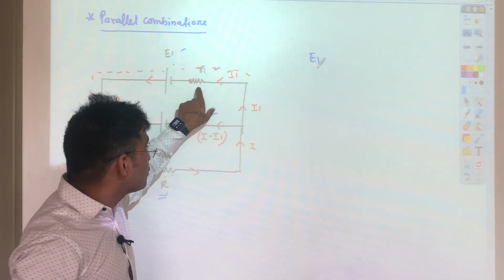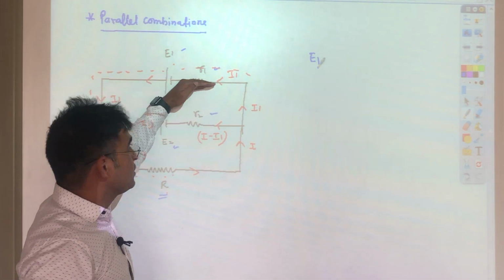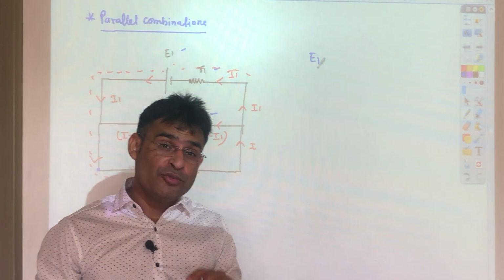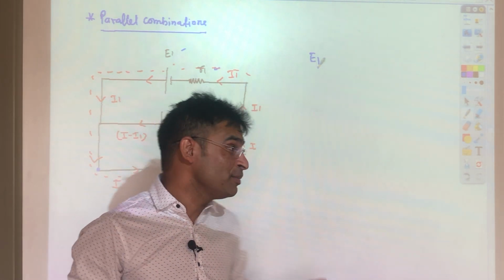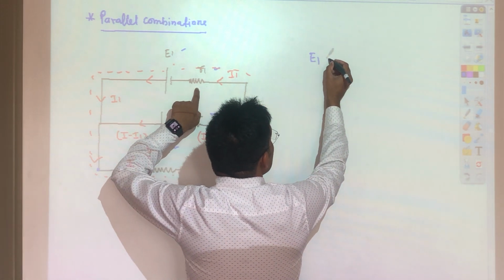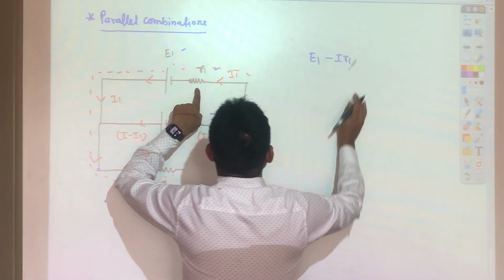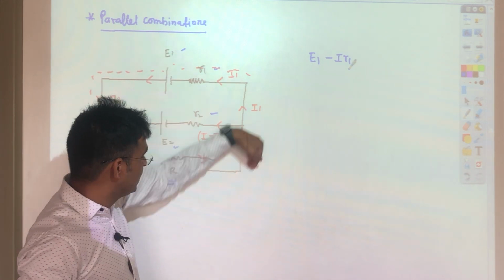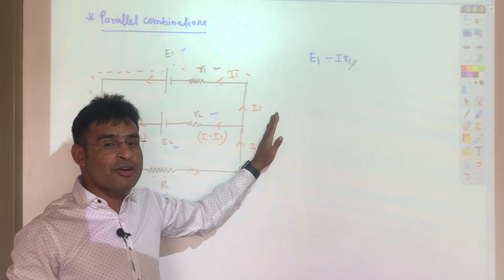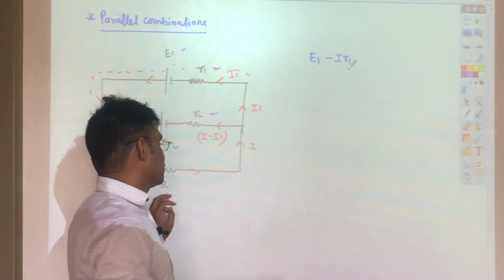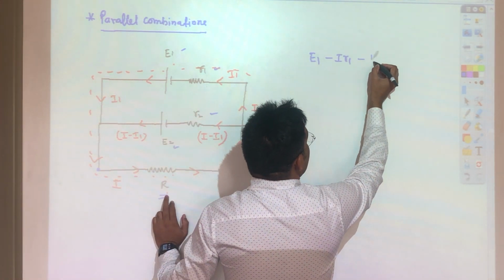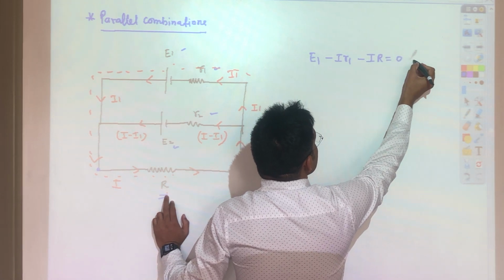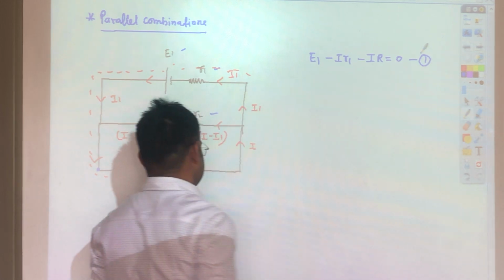Now when I reach the resistance, I am moving clockwise and current is moving anti-clockwise, so current is in the opposite direction. I will write minus I1 into R1. Now I reach this point. Here also I am moving clockwise but current is moving anti-clockwise, again in the opposite direction, so I will write minus I into R, that should be equal to 0. This is the first equation.